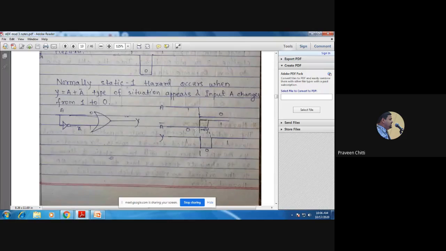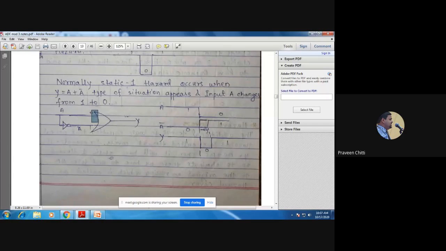Because of the propagation delay of this NOT gate, A bar will change to 1 only after this delay. Instantaneously it has to change to 1, but for this period it will not. It will change after this delay. So for this interval, both inputs will be 0.